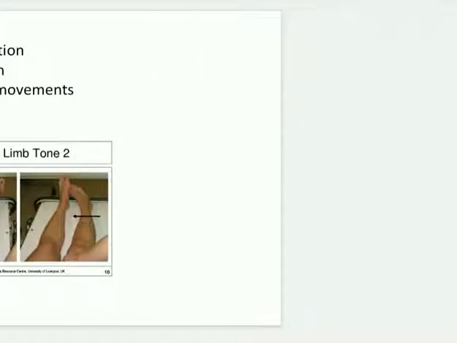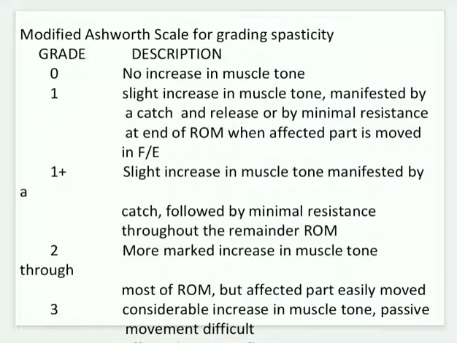Next comes the scale for spasticity. Grade 0 means there is no increase in muscle tone. Grade 1 tells about an increase in muscle tone manifested by a catch and release, with a small amount of minimal resistance only at the end of range of motion, when affected in flexion or extension.